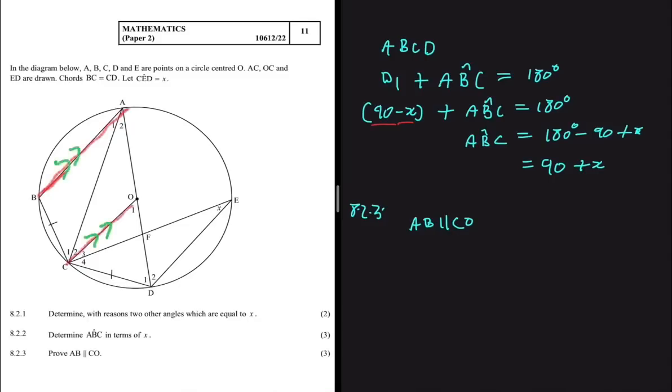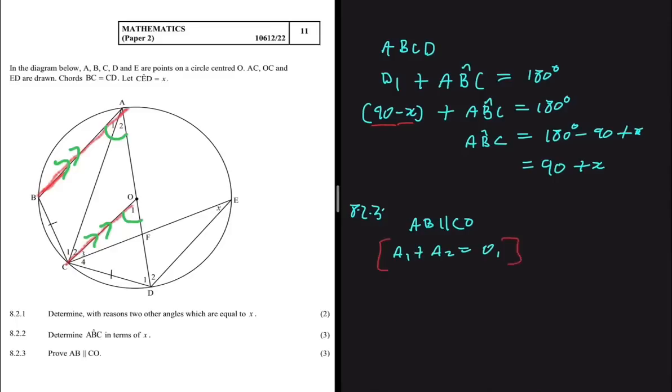If they're parallel, then this angle here, A1 plus A2, should be equal to angle O1, right? Corresponding angles. So we need A1 plus A2 to be equal to O1. This is what we are required to prove.